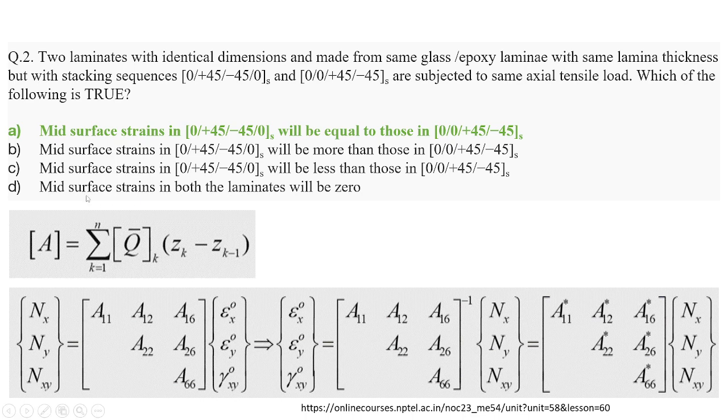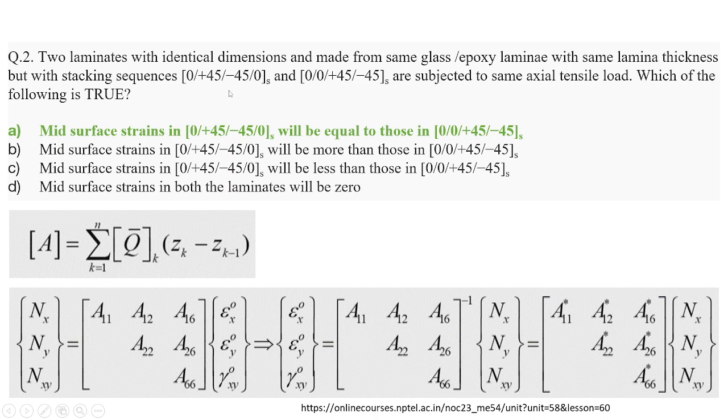So here you can see the equation of the A matrix. It is dependent on the thickness of the lamina and also the reduced stiffness matrix of each lamina, and it is the summation of it. In both cases you can see the layers and their thickness are the same and the angles are the same, only their sequence is different.